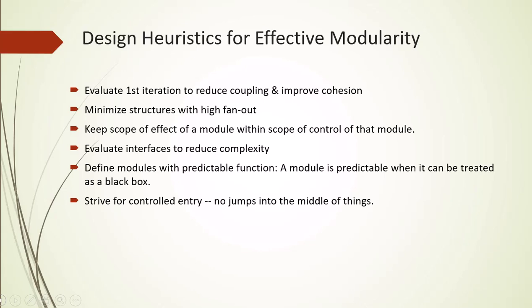So we will try to control the fan out such that the controlling ability of one module will reduce. If it is reduced, definitely the coupling will be reduced. Because a system with more coupling is difficult to control, difficult to manage, difficult to test, difficult to integrate, and difficult to reuse.